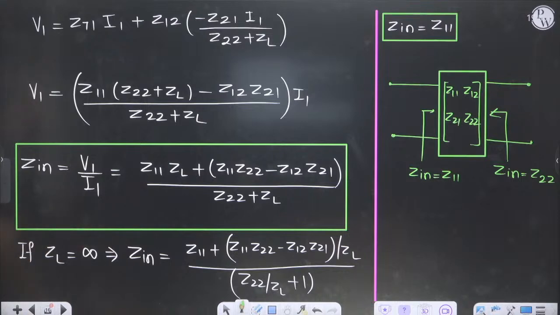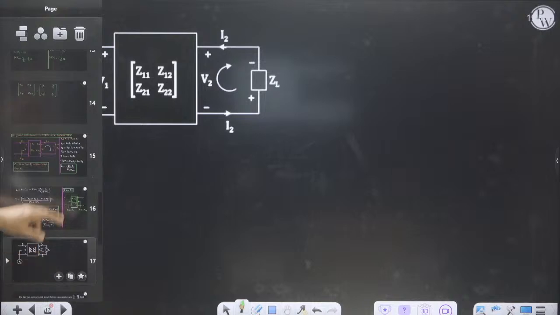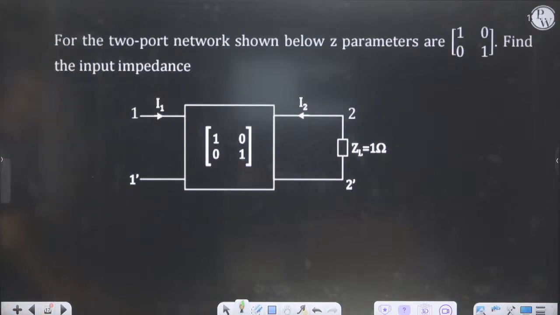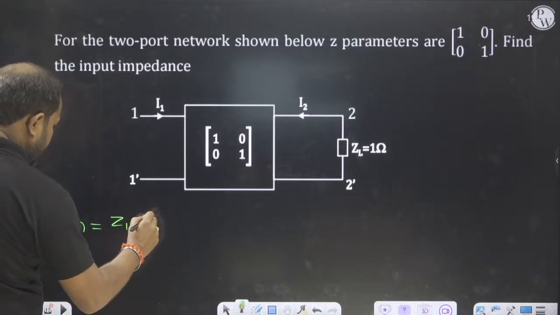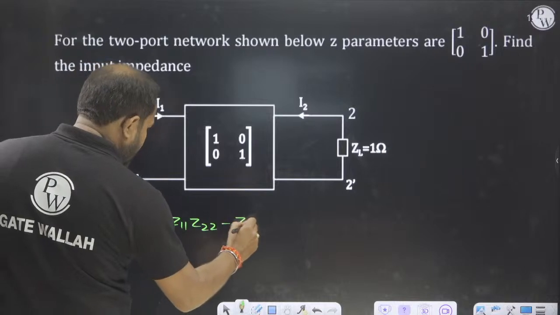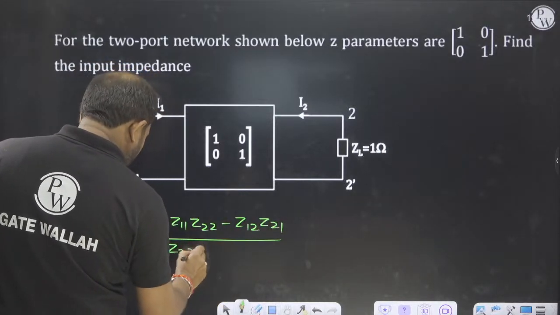So this is the Z parameter. One question related to this: find the input impedance of the two-port network shown in the figure, given the Z parameters. The input impedance formula is Z11 ZL plus Z11 Z22 minus Z12 Z21 divided by Z22 plus ZL.